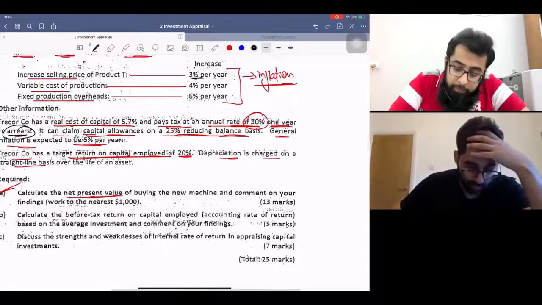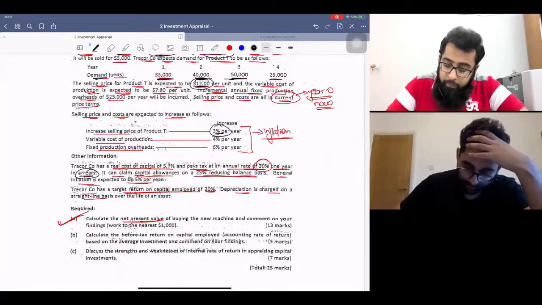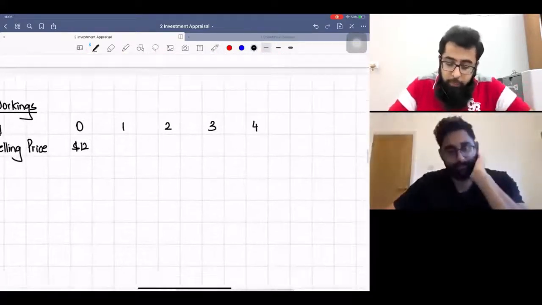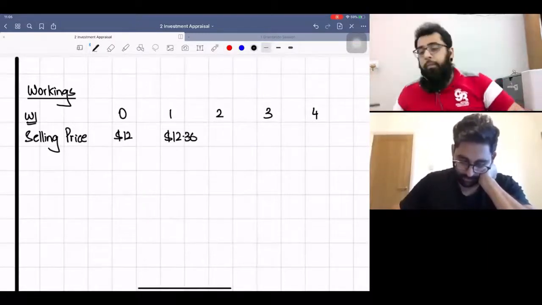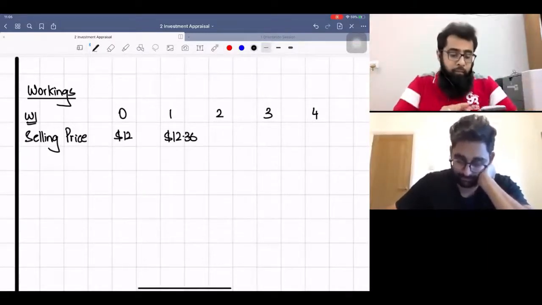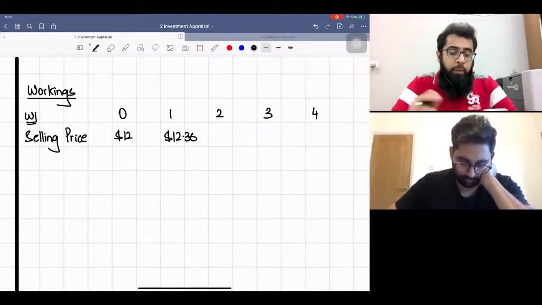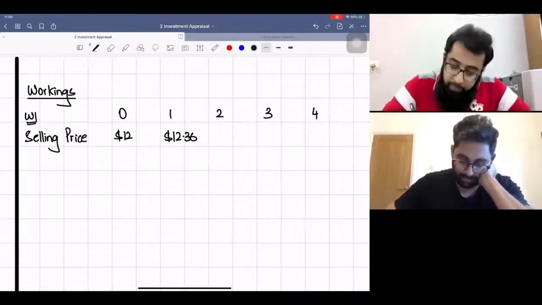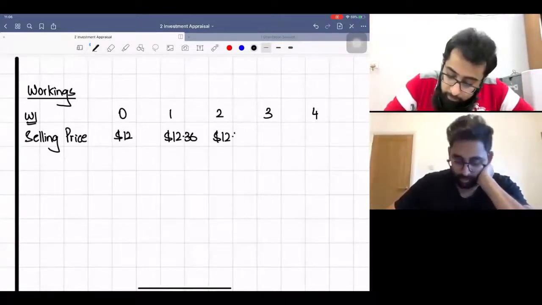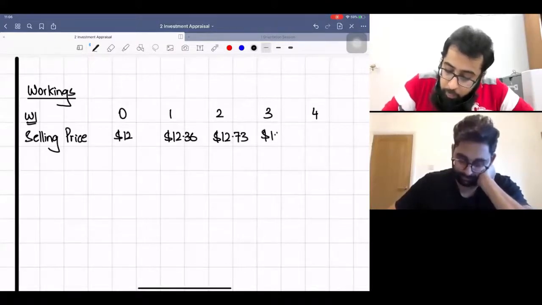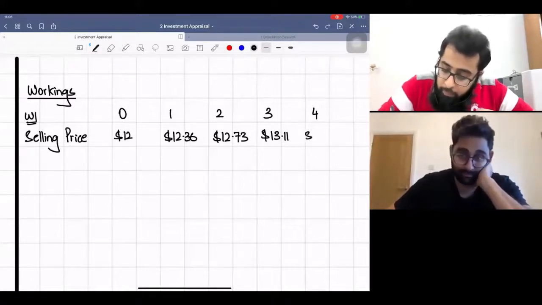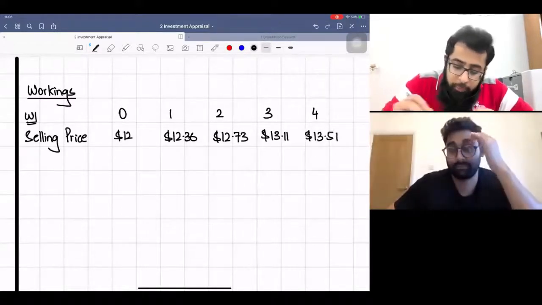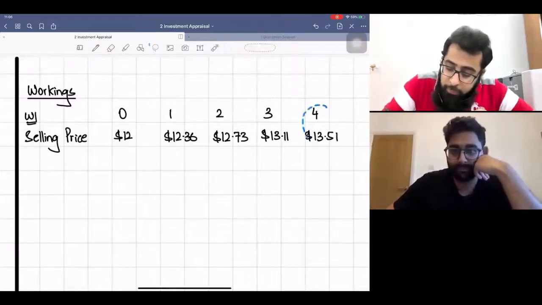So it'll increase to 12.36, then 12.73, then 13.11, then 13.51.